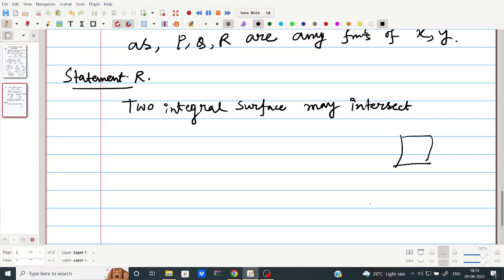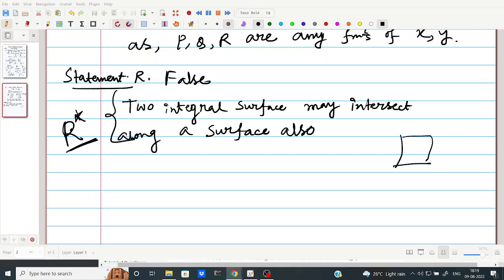What does R say? Given a first order PDE, any two integral surfaces such that their intersection is non-empty, the intersection is a characteristic curve. But it is not true, because if two integral surfaces intersect, they may intersect along a surface also. Okay.